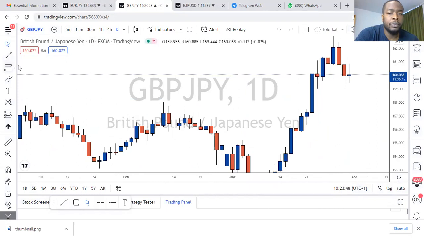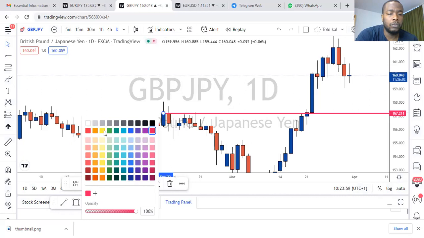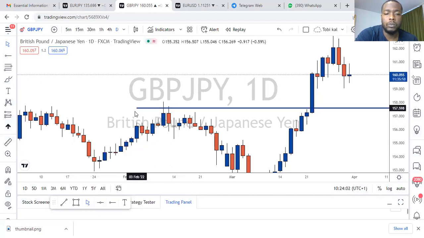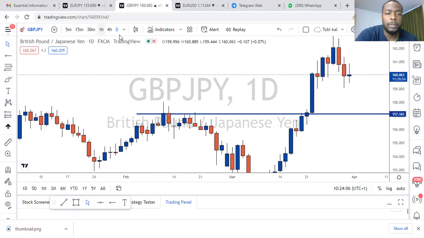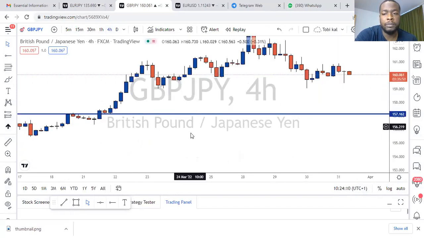And the sell is only a retracement back to this level. That's what it looks like here. But let's see what the 4-hour time frame says.